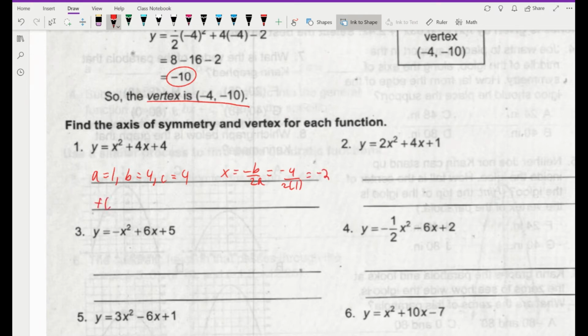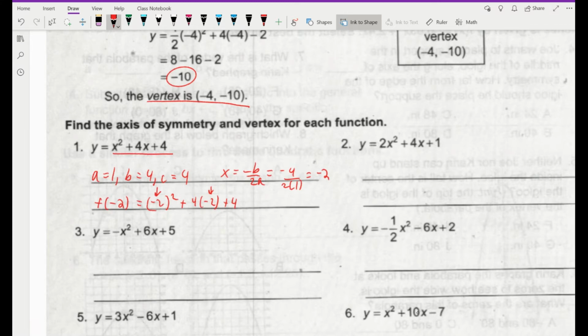We then plug negative 2 back into the function. I wrote it as f of negative 2. This is proper notation. Plus 4 times negative 2 plus 4. You can see we plugged in the negative 2 here and here from the original function, x squared plus 4x plus 4. Now let's do the math.